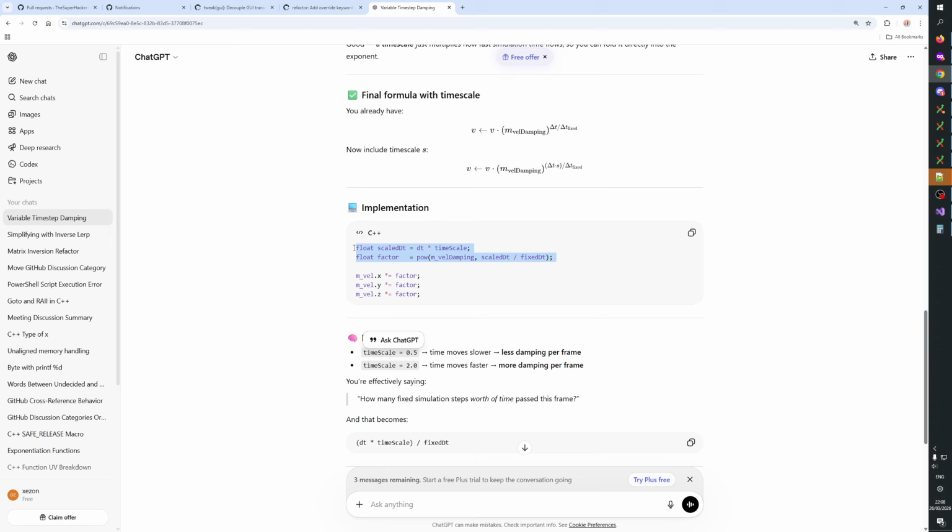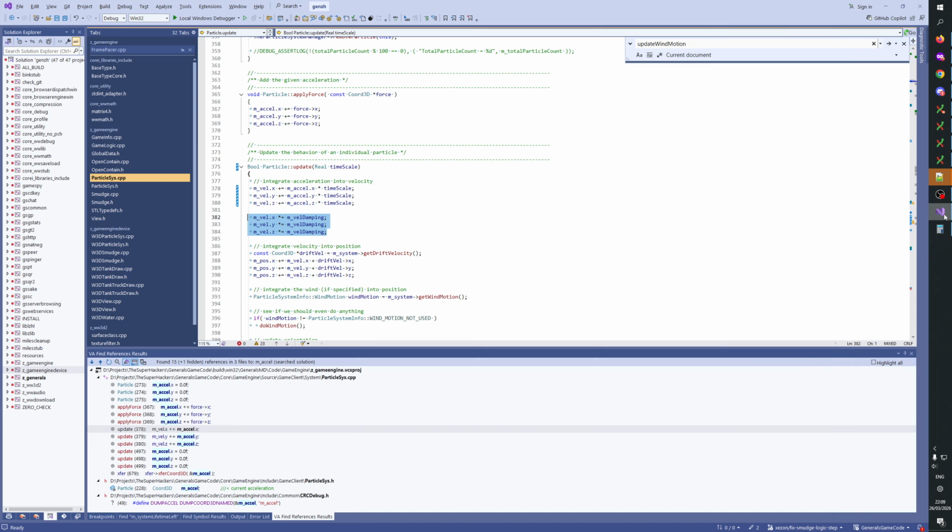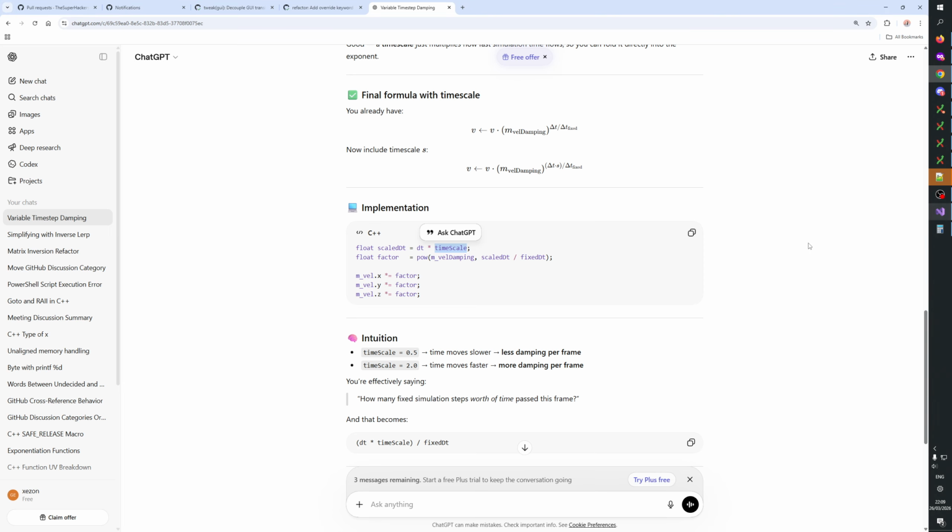Okay, I'm a bit confused by this here. I didn't expect there to be a delta time and a fixed delta time. I would have thought I'd just work with the time scale. Delta time, yeah.